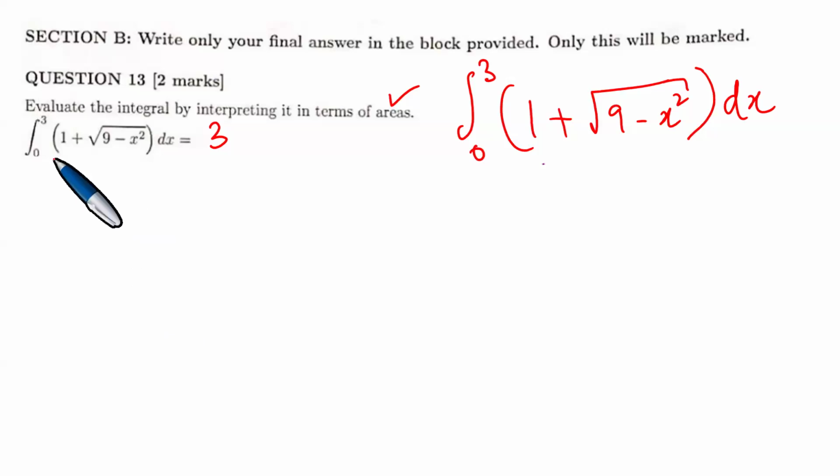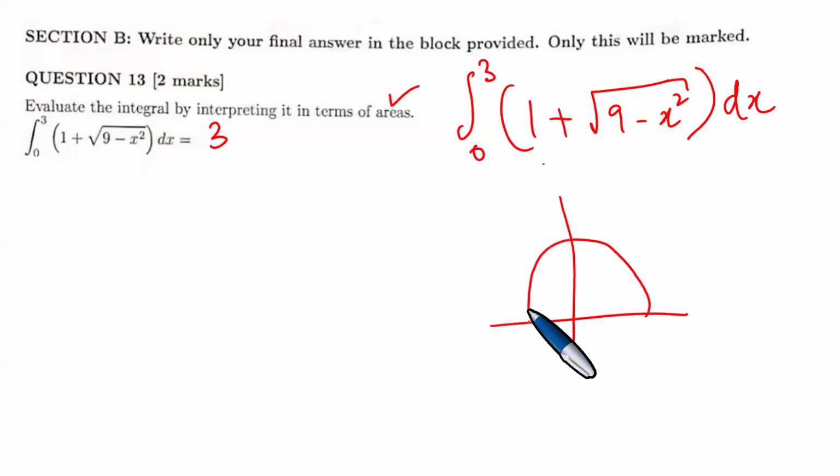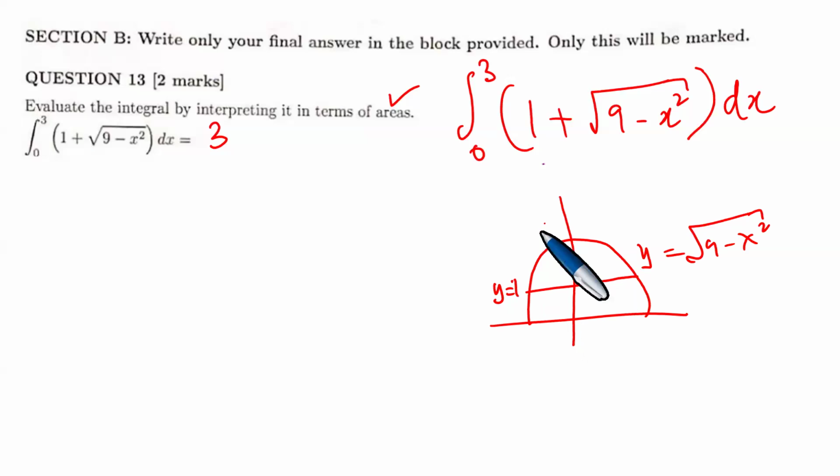So obviously now this has to do with specific graphs, like there's y equals 1, and then there's this one here. If you look at these particular graphs, there's this circle here, which is the upper circle, where y is the same as the square root of 9 minus x squared, but also there is y equals 1, because we know that this is 3.